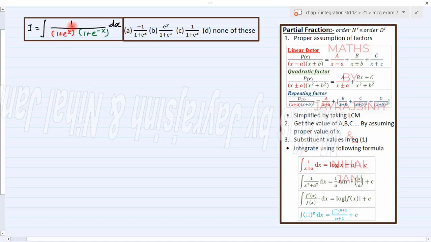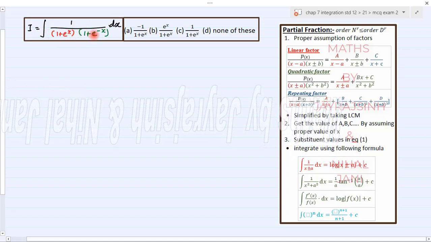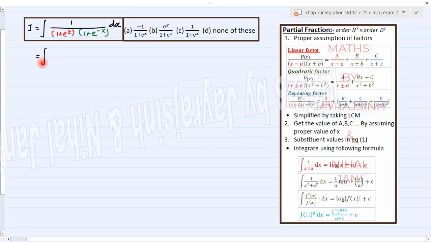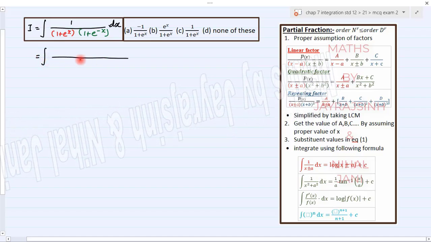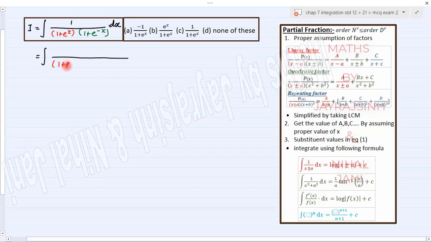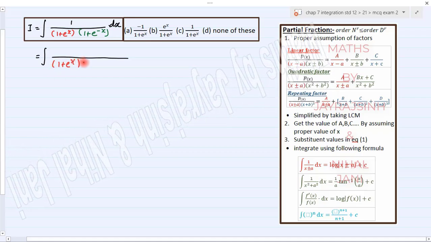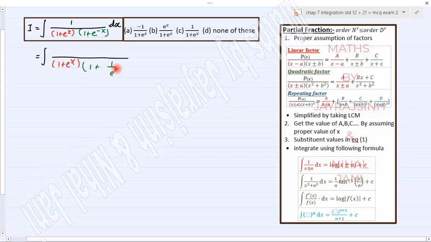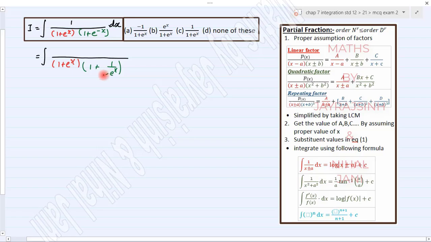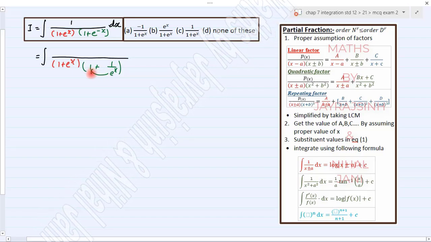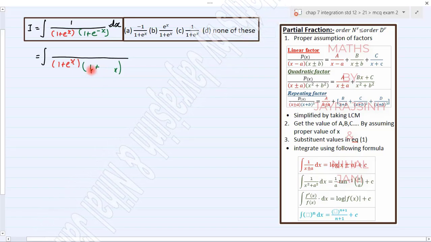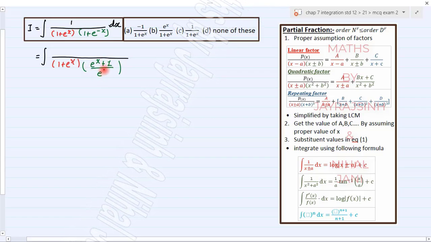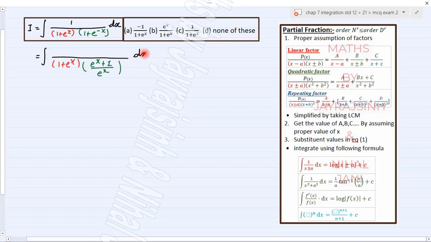In this question, we have to integrate 1 upon 1 plus e raised to x into 1 plus e raised to minus x. So, to simplify our denominator, we have to simplify 1 plus e raised to minus x. It is basically 1 plus 1 upon e raised to x. So, if we take the LCM, we have to multiply e raised to x with 1, which will give us e raised to x plus 1, the whole divided by e raised to x, dx.